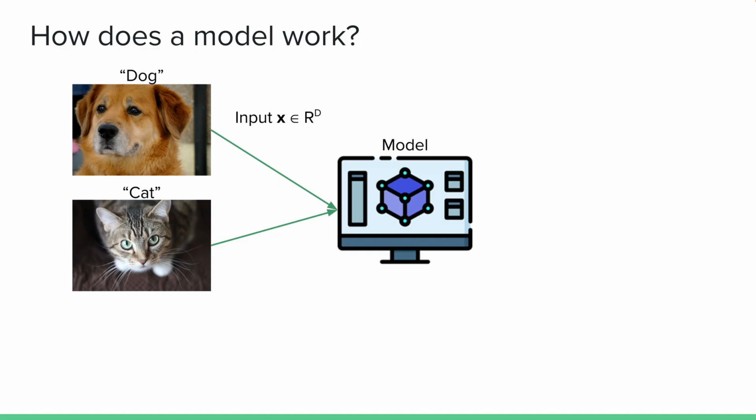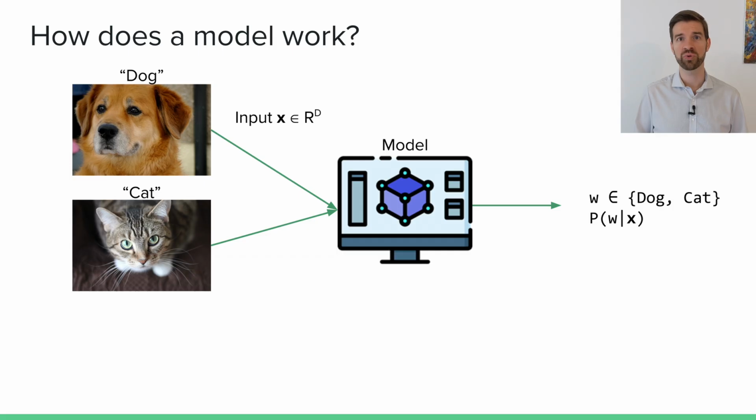So our model is the set of computational rules, and if we have color images in this example, we would usually have a 2-dimensional space for XY coordinates plus the RGB coordinates for the color information. So we have this 3-dimensional space here, and this is the input for our model, and then the model is asked to produce some output, some suggestion of what this could be. In our case, the probability of whether it's a dog or a cat.